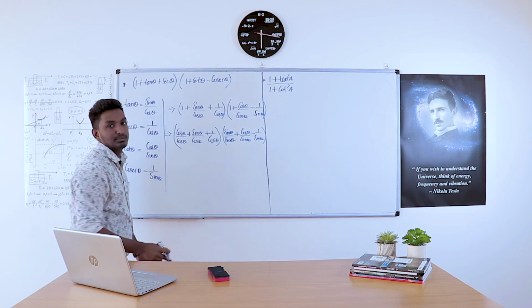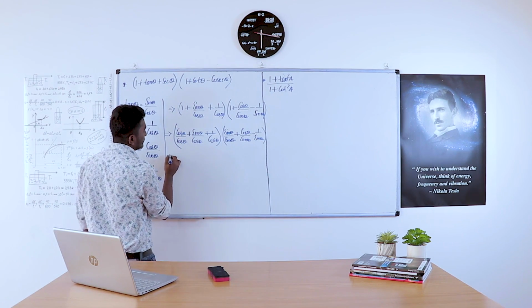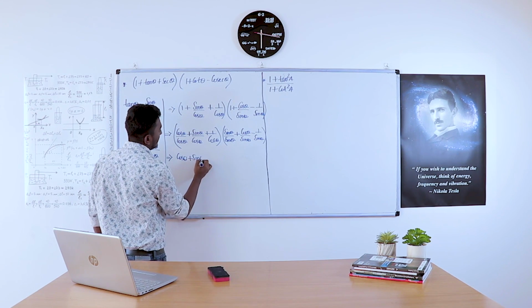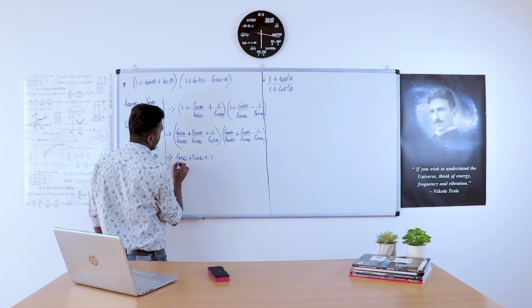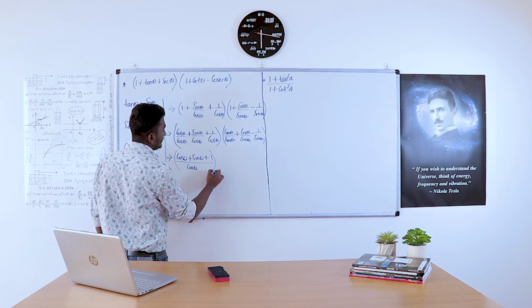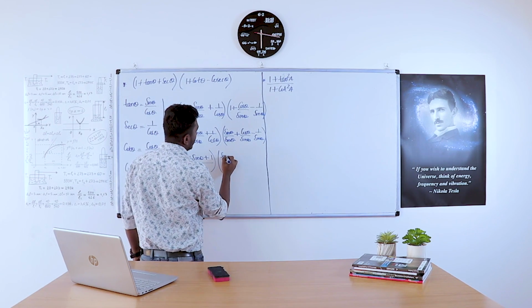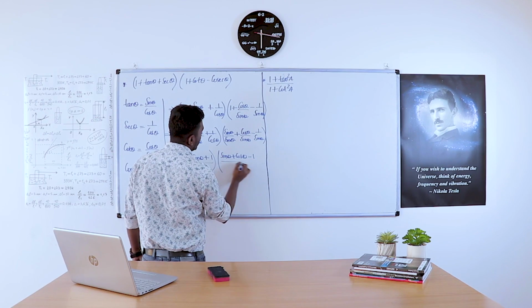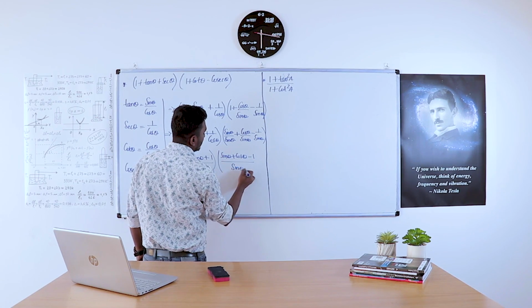Now both the terms' denominators are the same. So we can write (cos theta plus sin theta plus 1) all divided by cos theta, into (sin theta plus cos theta minus 1) all divided by sin theta.